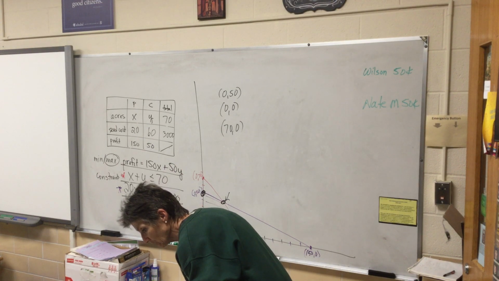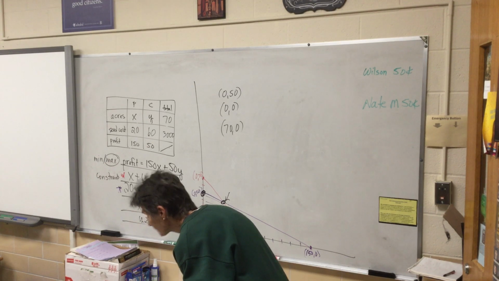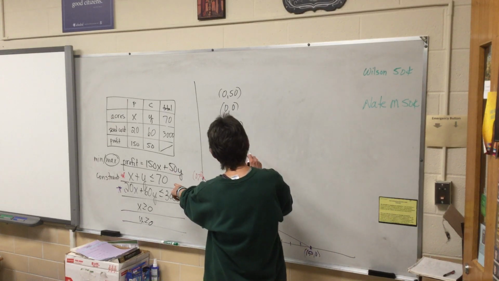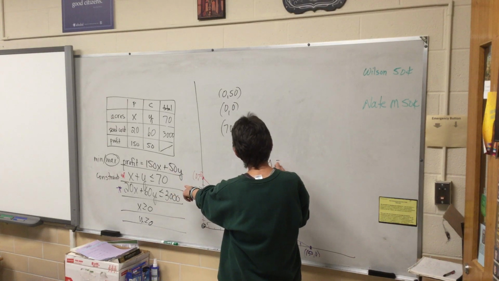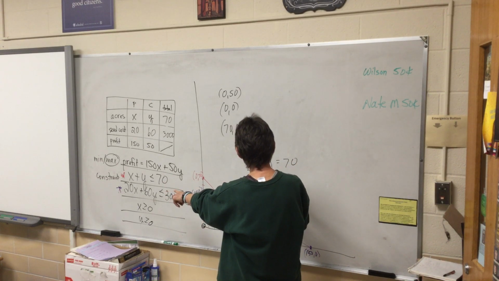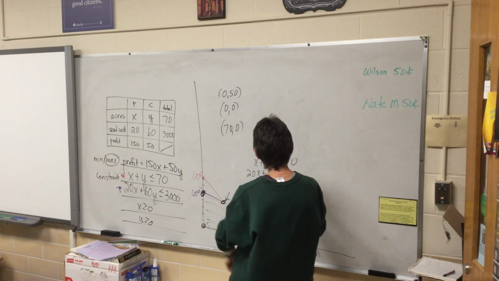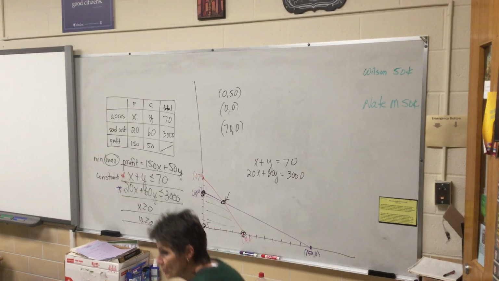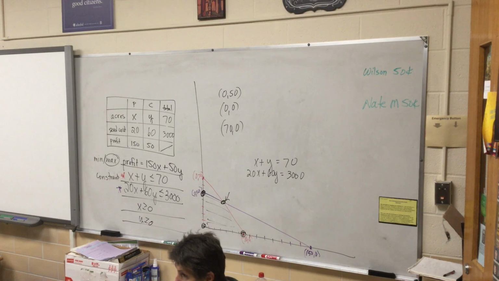I'm going to be looking for a little algebra here. Can you set up a system of equations between the two? Exactly. So our red one is x plus y equals 70, and our purple one is 20x plus 60y equals 3,000.